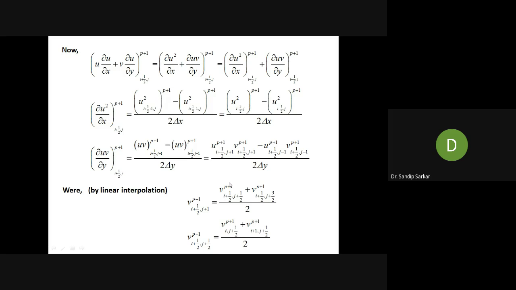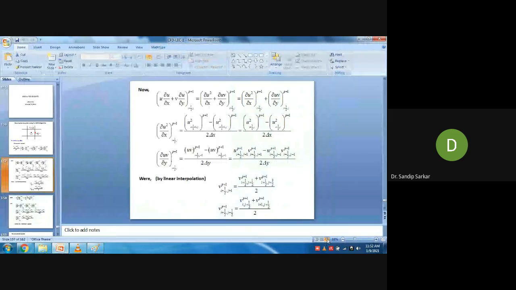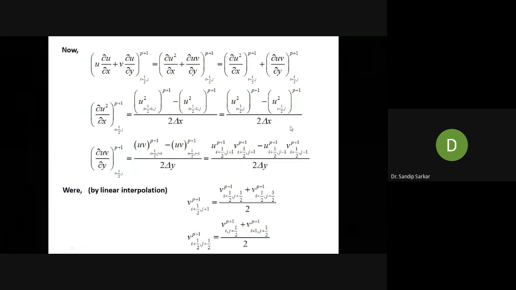So basically I have done it for only one. For the other grid points, like v i plus half j minus 1, you can do it by yourself. It's very simple. The same thing I have explained in the paint, you can just try it at your home. Simply by linear interpolation, you can calculate the velocity values where it is not defined.